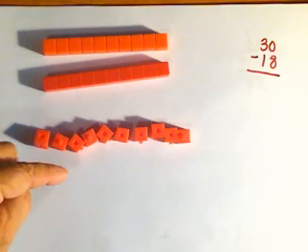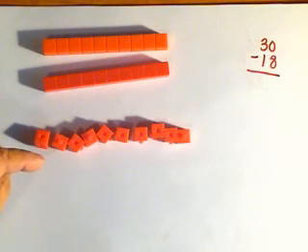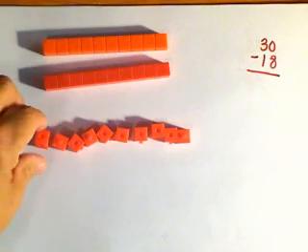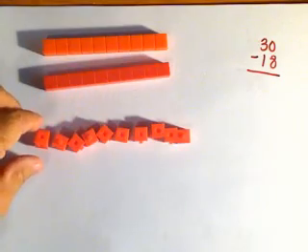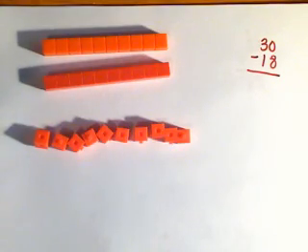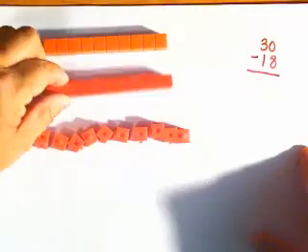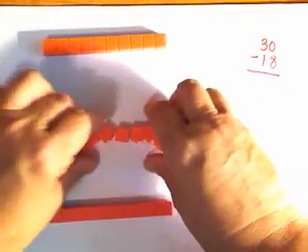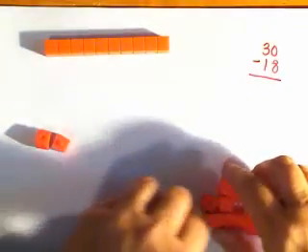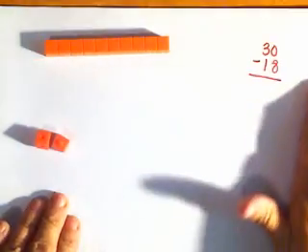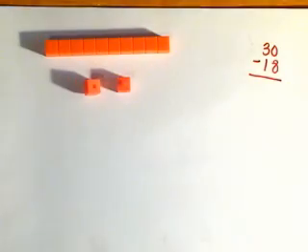Which is a really big deal because students have a really hard time with this concept of, okay, I'm going to borrow 1 from this, but it's really 10. So when we borrow 1, that means we're going to take one of these away and trade it for 10 units.